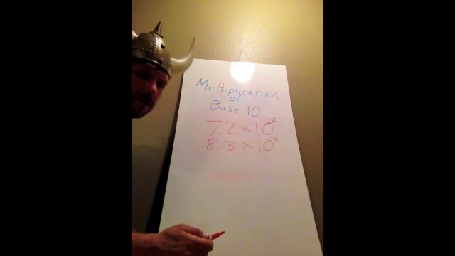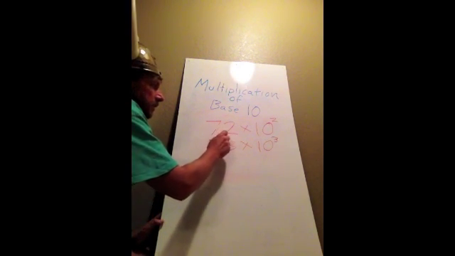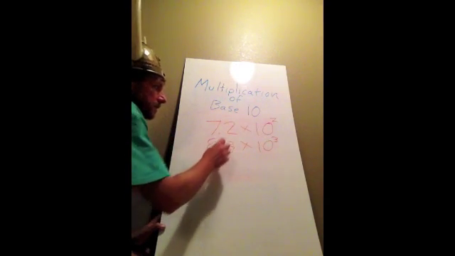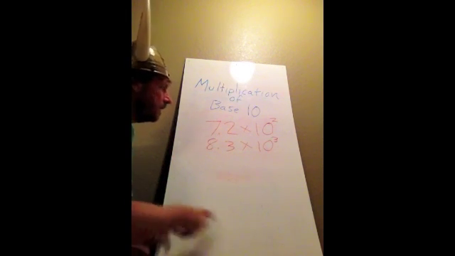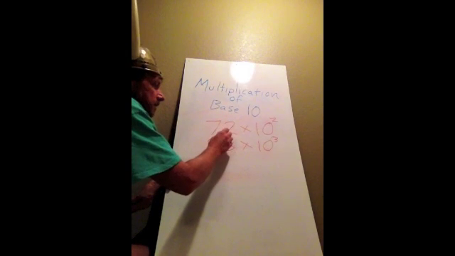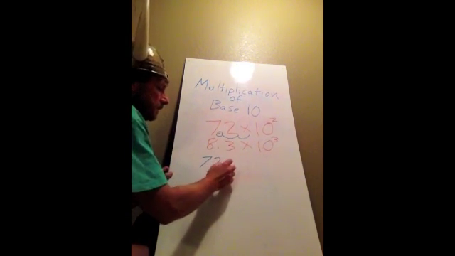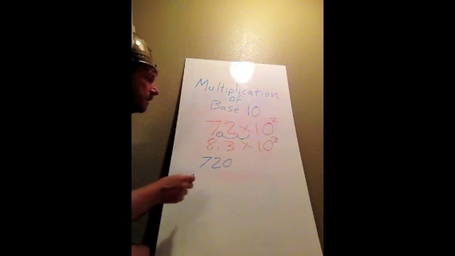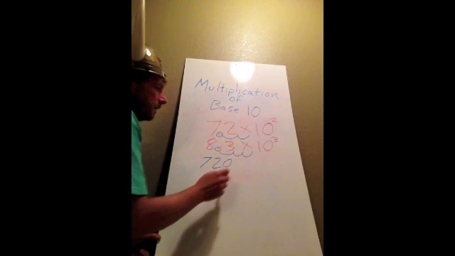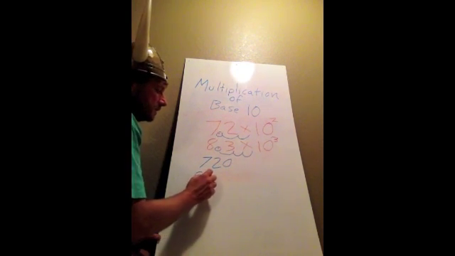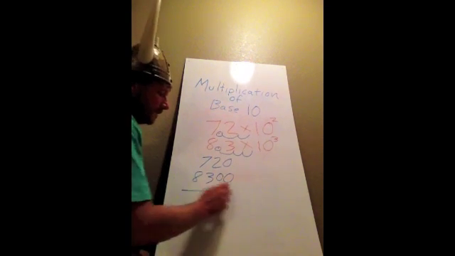Well, let's try it the other way. So 7.2 times 10 to the second is, remember we're going to move this decimal point, 1, 2, so that becomes 720. We're going to move this one 3, 1, 2, 3, so that becomes 8,300. We're going to multiply those numbers.